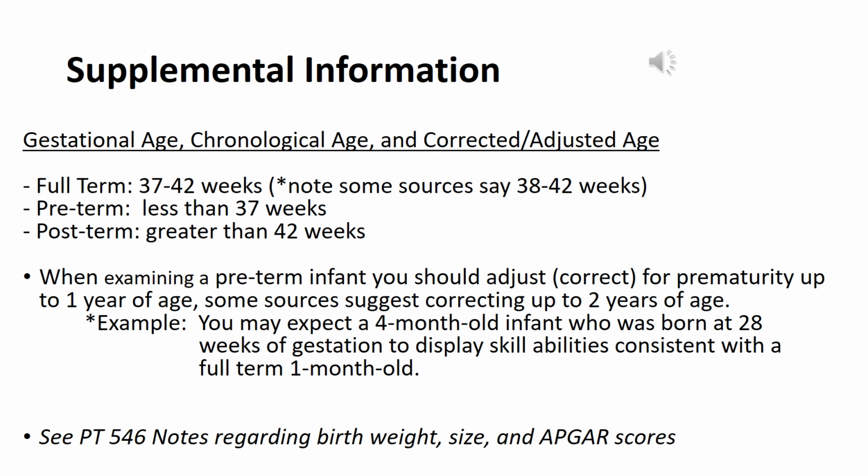And that seems to be specific to this part of the country. So you will see that correction happen to age 2 if you remain local or you are out on clinical internships. We typically are correcting up through age 2 years.